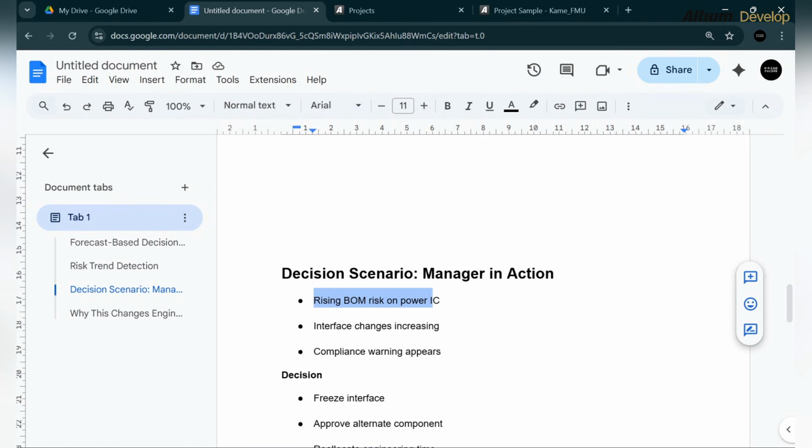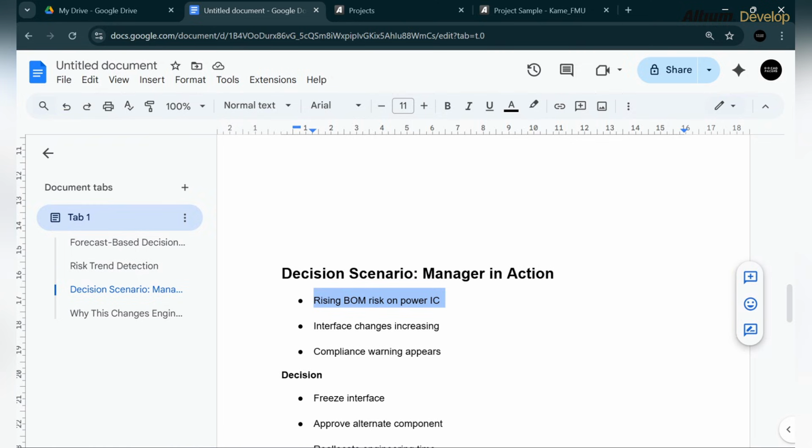Let's take a simple decision scenario: manager in action. Rising BOM risk on a power IC. Let's say you have a power IC or some IC in your design, and its pricing is fluctuating. In the previous month it had a specific price in dollars, and in the next month it has some other price.